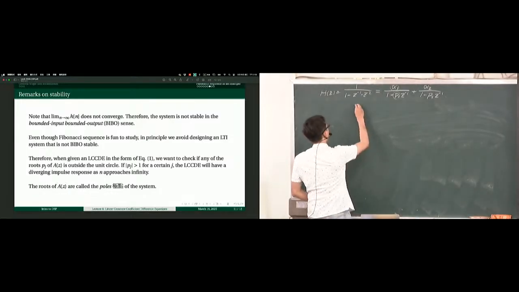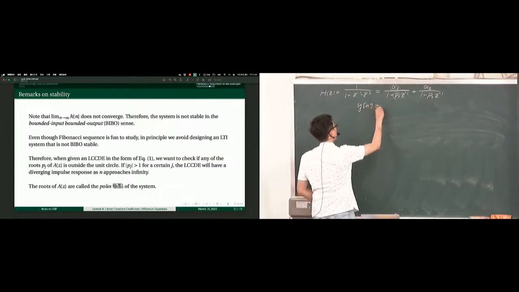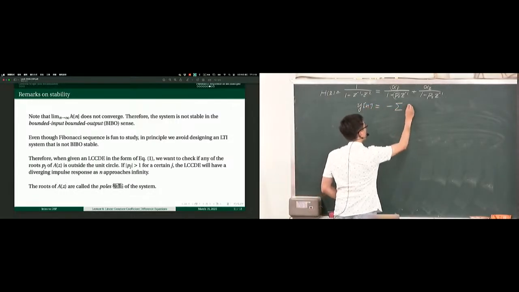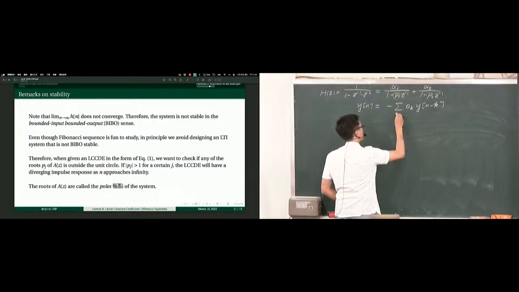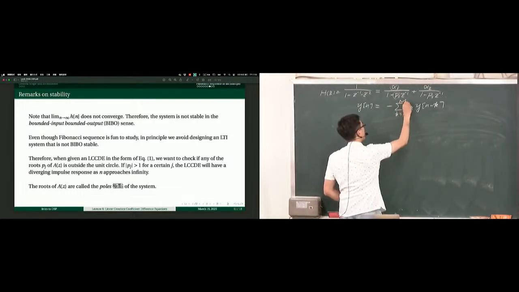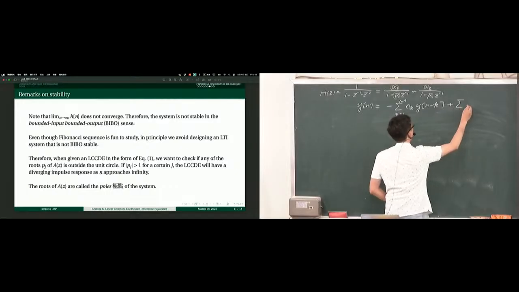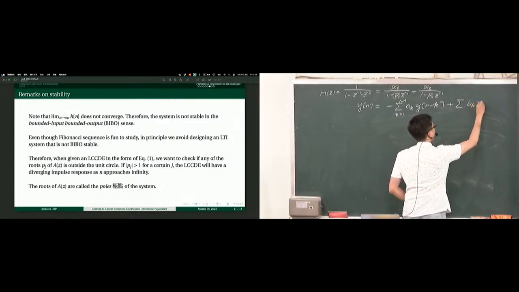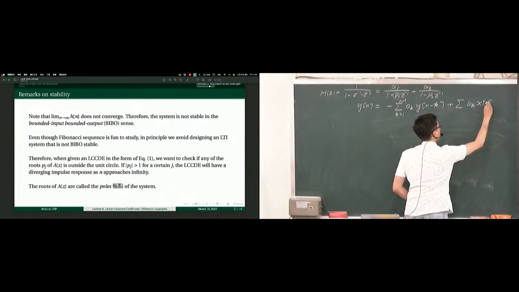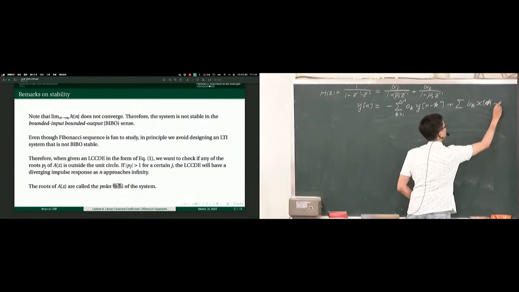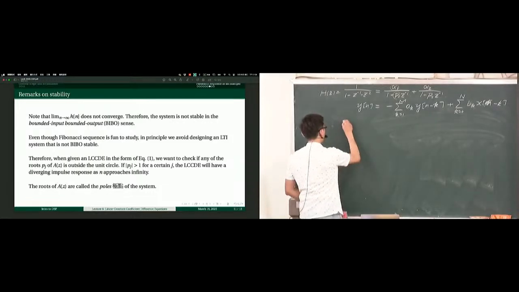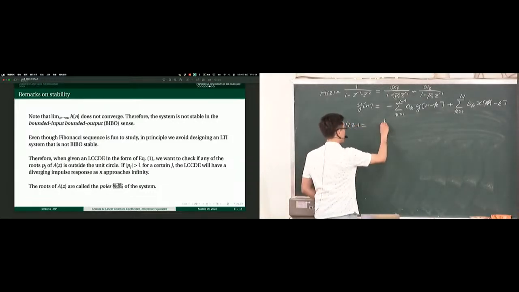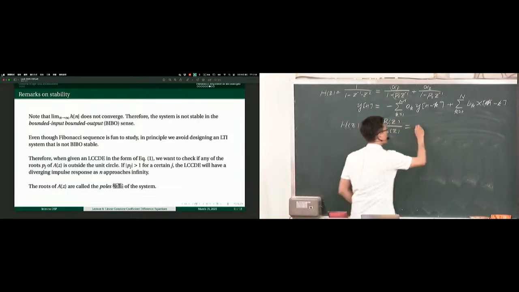So in general, what we have is y[n] equals minus the summation of a_k y, previous samples, a linear combination of previous samples, plus a linear combination of previous inputs, where k runs from 0 to big N. And then H of z, long story short, is B of z divided by A of z, and both of them are polynomials in z inverse.